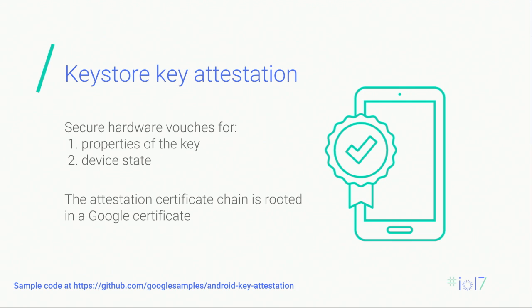So for example, the key attestation API can tell you whether the key itself actually is protected by the secure hardware. It can also tell you whether verified boot passed on that particular device. The associated attestation certificate chain on compatible devices is rooted in a Google certificate. So that's how you know that the device itself is known to Google and is compatible with Google standards.